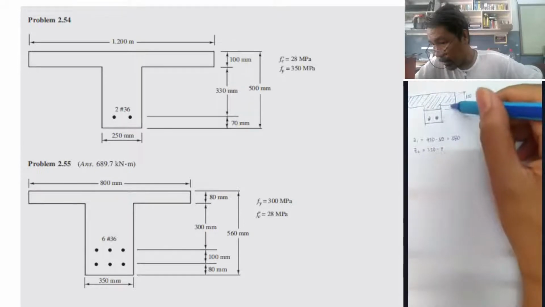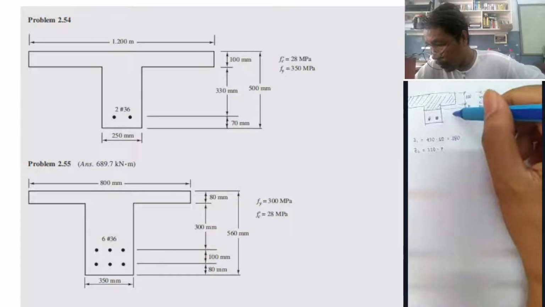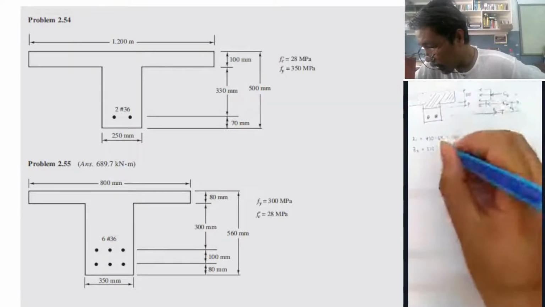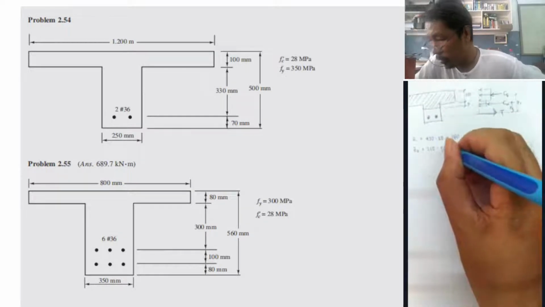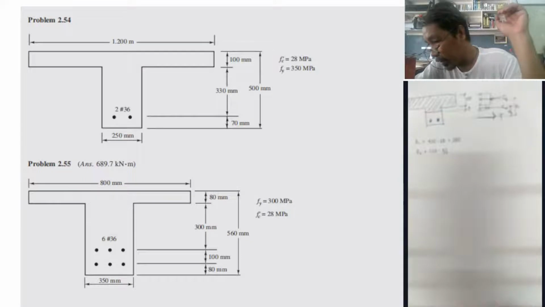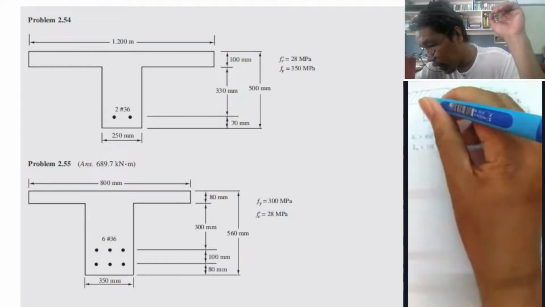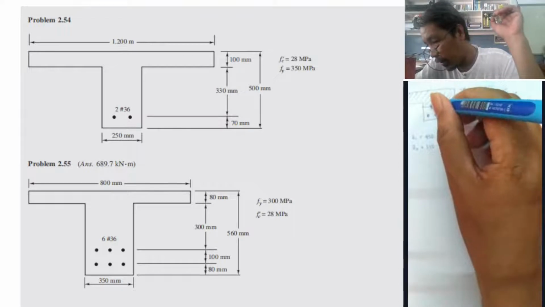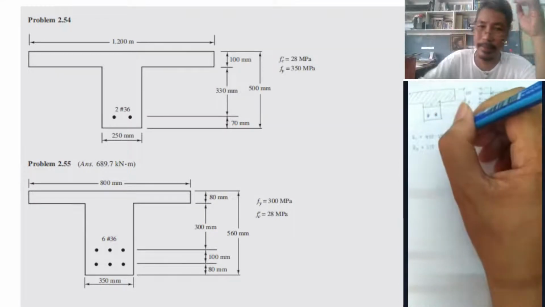So 330 minus P is from this point to this point, but that is not Z. At the center of this small portion, it is 330 minus P over 2. The center is P over 2.